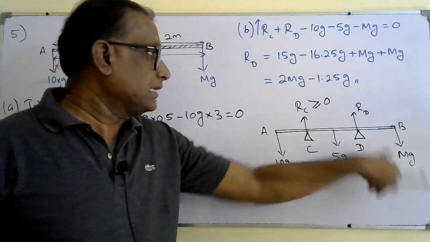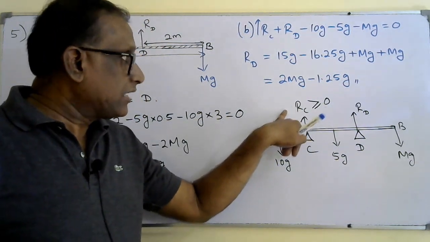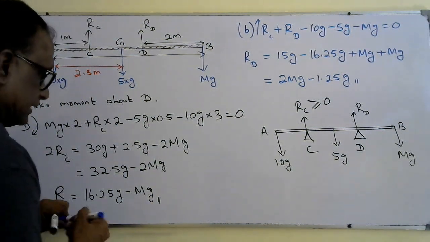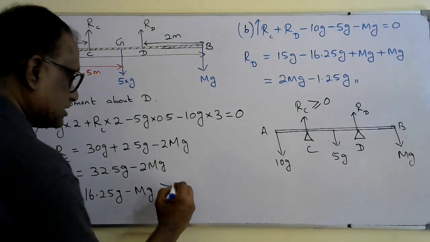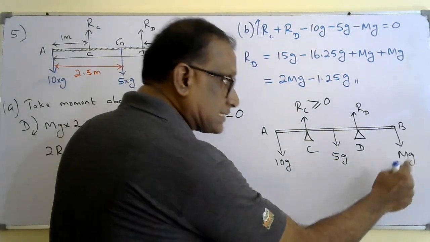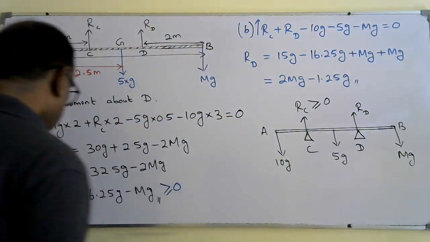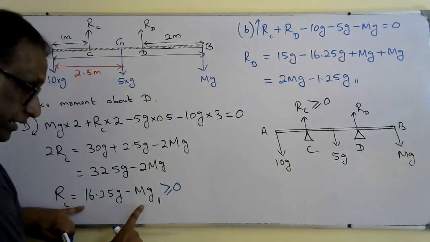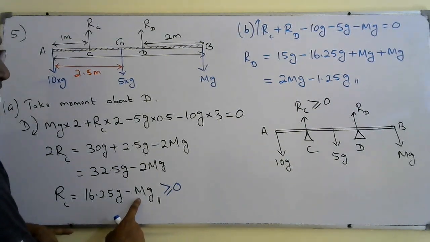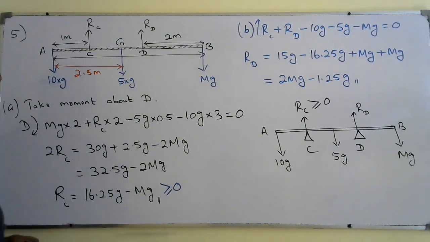So I should say RC must be greater than or equal to 0, and mg has a maximum value such that RC remains greater than or equal to 0. From that, I can find a limit of force for the mg. Okay, so I'll use that idea now.